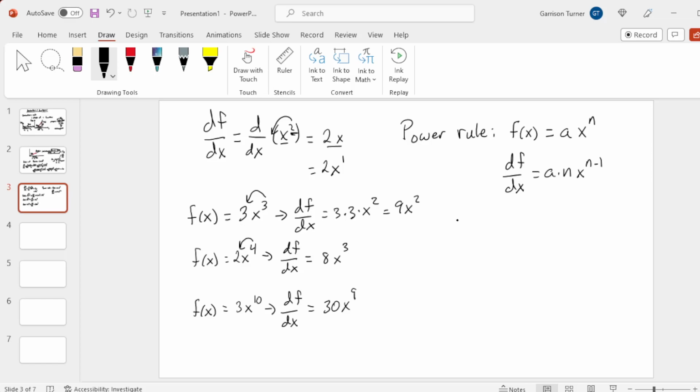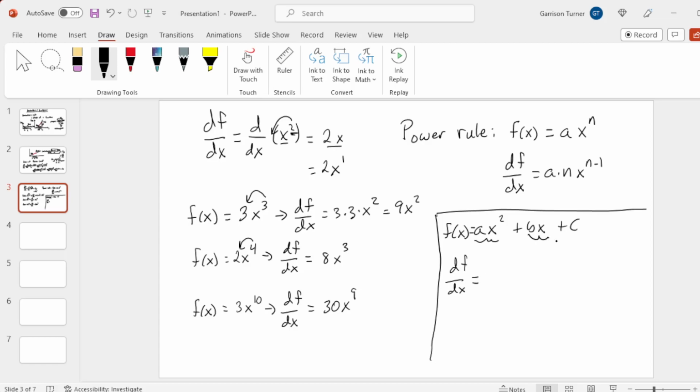Okay. Now it also happens that if you have a polynomial expression, something like ax squared, let's say a quadratic, plus bx plus c, okay, and I want to take the derivative of this, then I just take the derivative of each term and keep my addition or subtraction signs where they are.